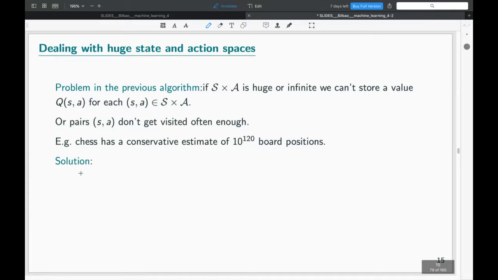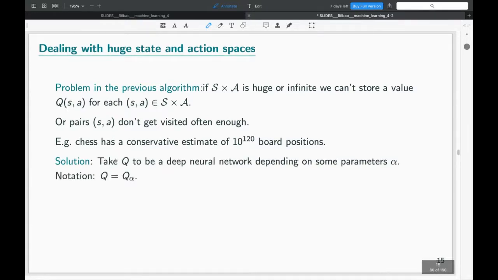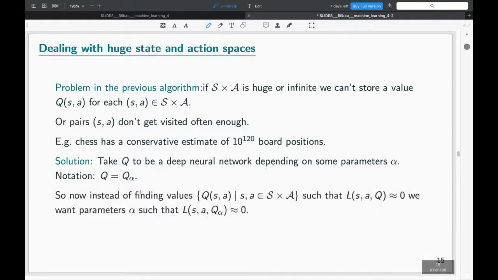So what is a possible solution? Instead of computing the Q values of all state action pairs, you just choose some parametric map from the state action pairs to R. So you choose, for example, a deep neural network depending on some parameters that assigns a real number to each state action pair.